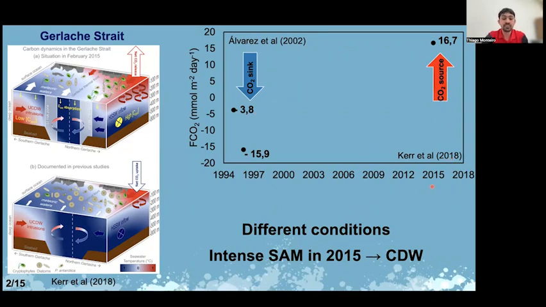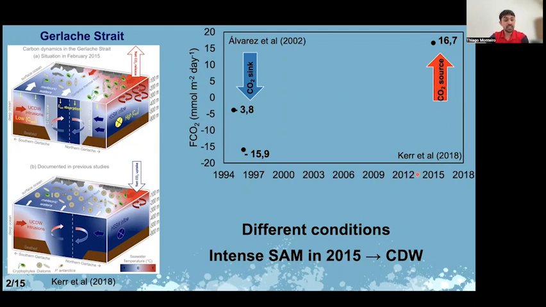But in 2015, when the study by Rodrigo Kerr was carried out, the main phytoplankton group was composed of cryptophytes, and cryptophytes are known to be less efficient at taking up CO2 from the sea surface compared to diatoms. So this difference in the main phytoplankton group may be one of the explanations for this different behavior.